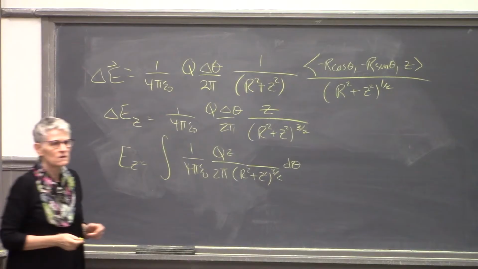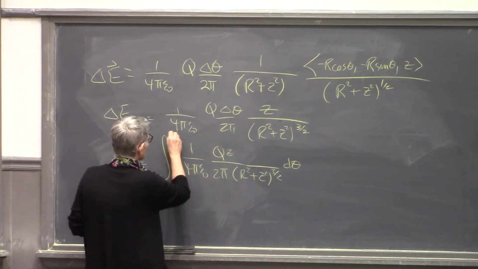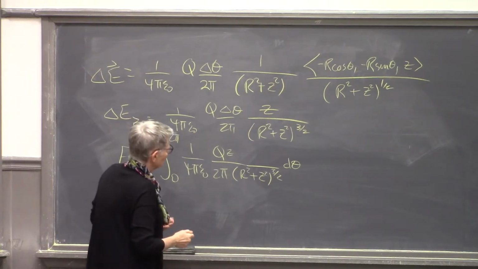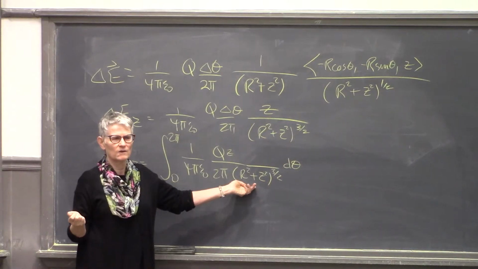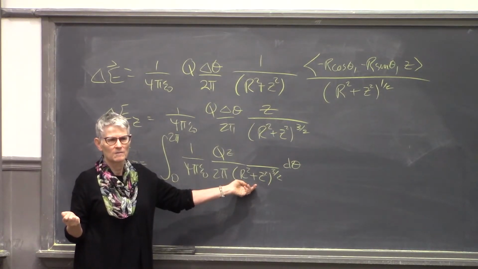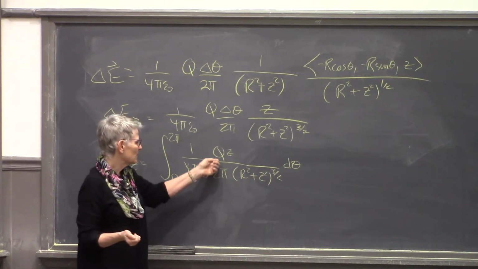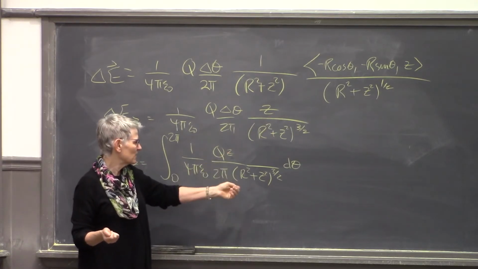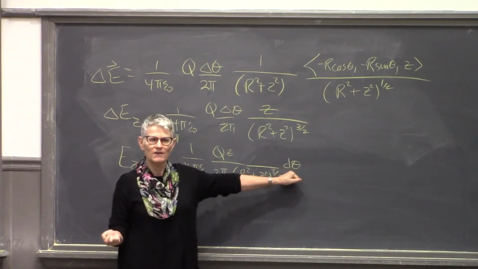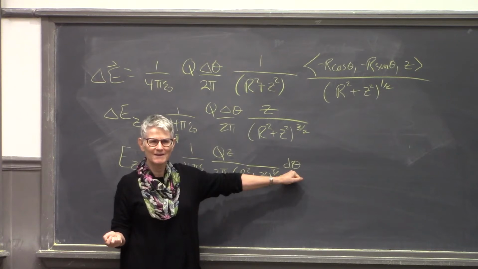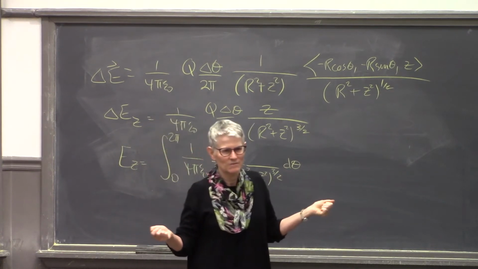And what are our integration limits? 0 to 2 pi. Now, what's the only thing that depends on theta in this whole expression? This is a super easy integral because q is a constant, z doesn't depend on theta, r doesn't depend on theta. It's basically an integral of d theta from 0 to 2 pi, right? Which is 2 pi.